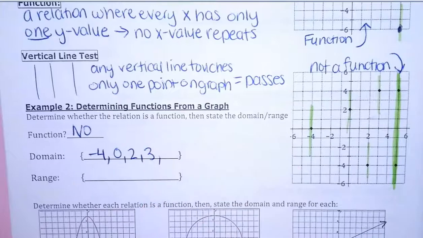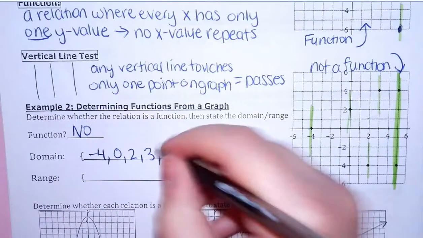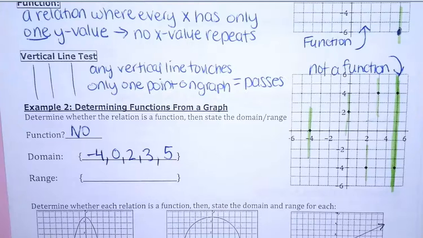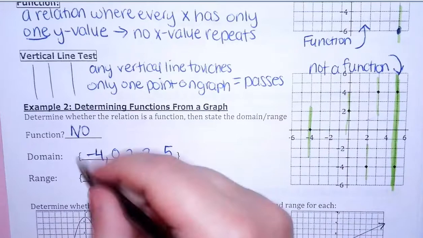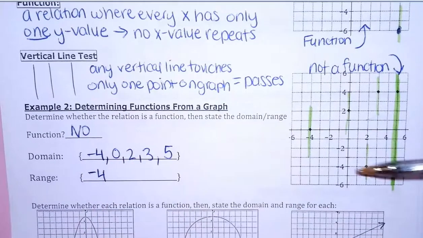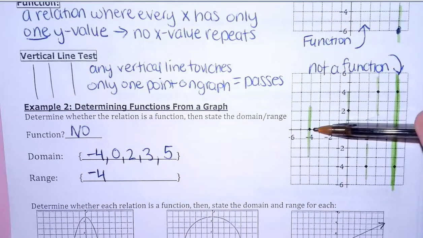And then I have 5 on 2 different points, but I only have to write it once. Okay, so I'm just writing the x coordinates there. Now the range, I'm going to go the other direction and write the y coordinates. Again, if any of them repeat, you don't have to write them twice. So here I have -4, but it appears in 2 different points. I just need to write it once. Let's see, this one, the y coordinate is going to be 0.